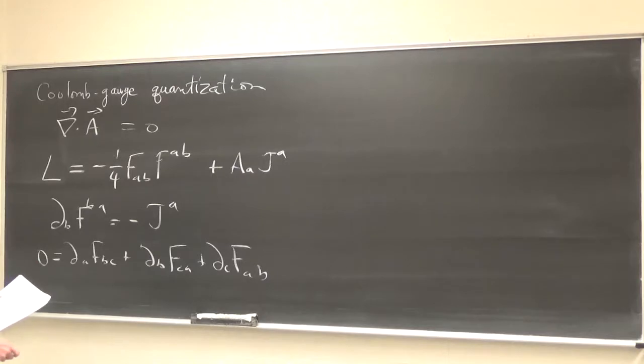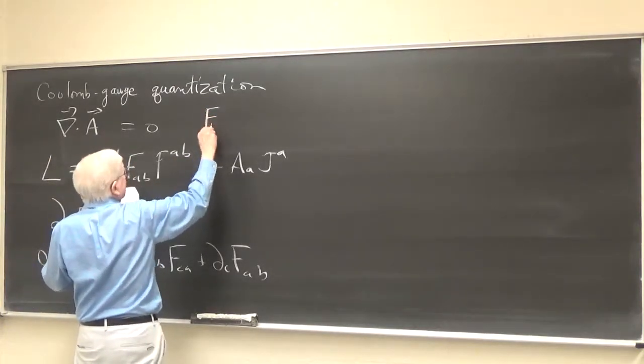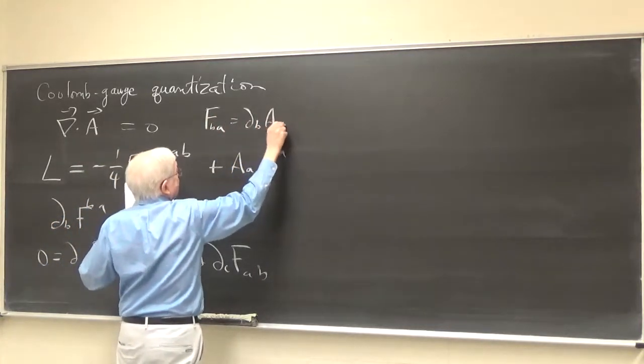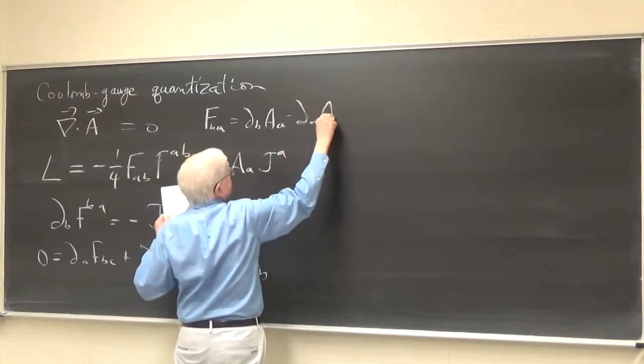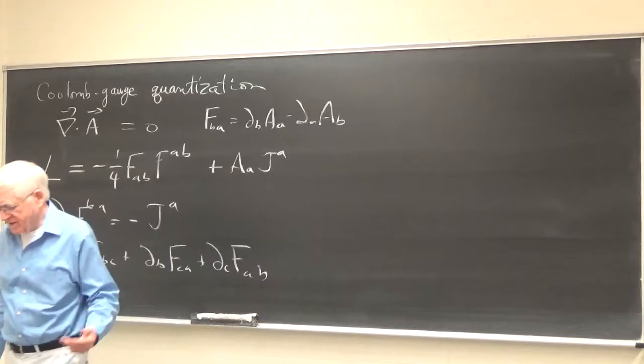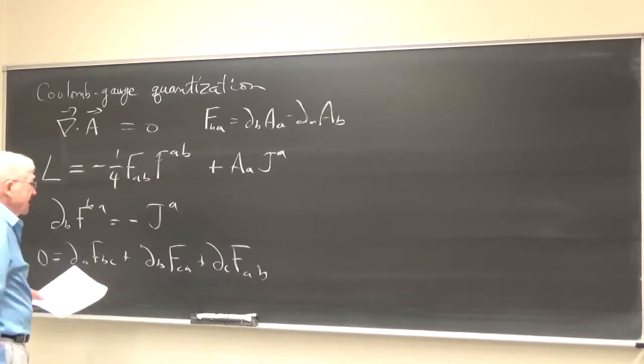I should have said what F_BA is: F_BA is ∂_B A_A minus ∂_A A_B. This choice of sign varies from one physicist to another, sometimes from one page to another.